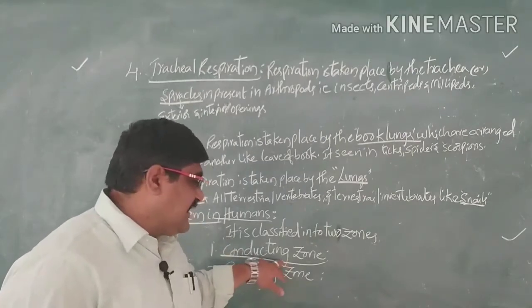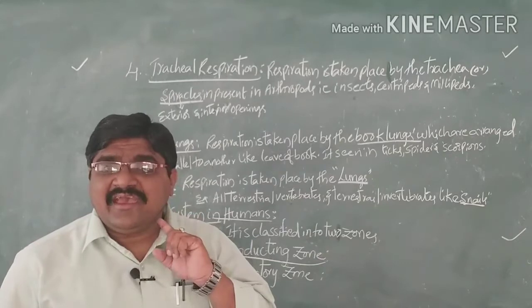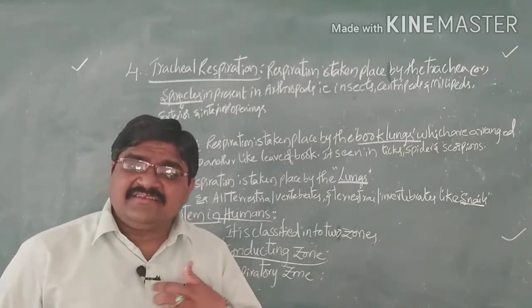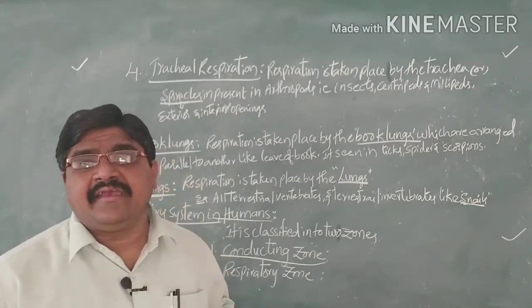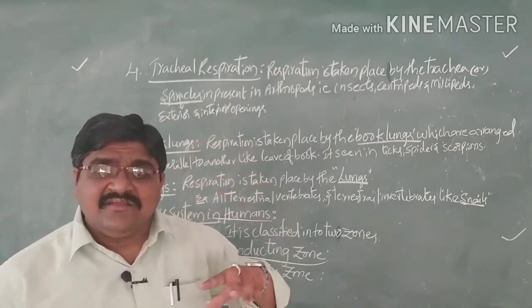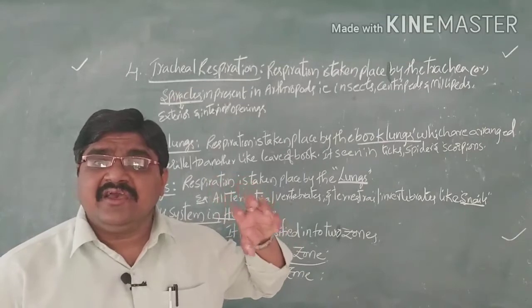In the conducting zone we have the nostrils, pharynx, larynx, trachea, and bronchi.